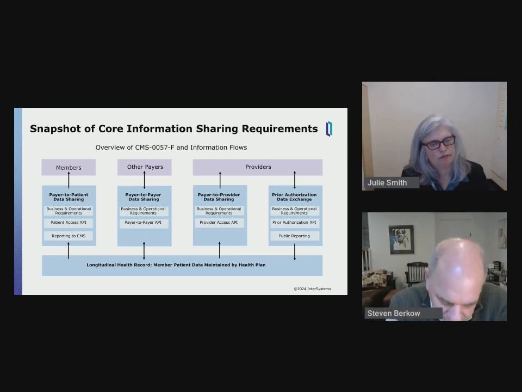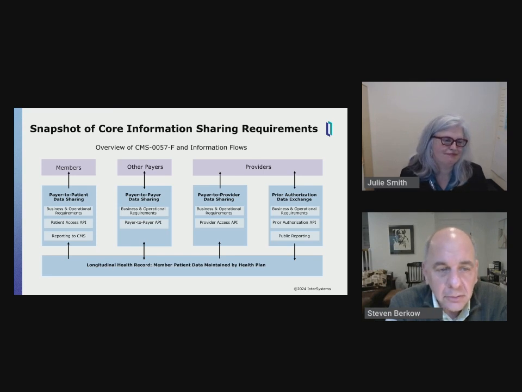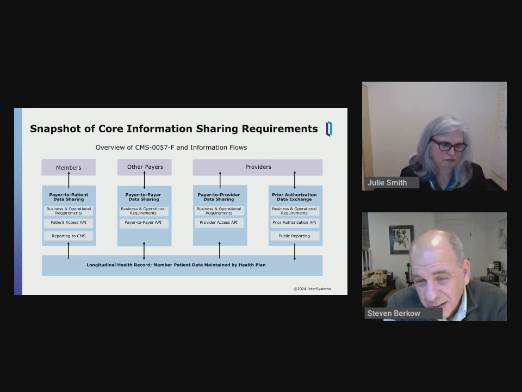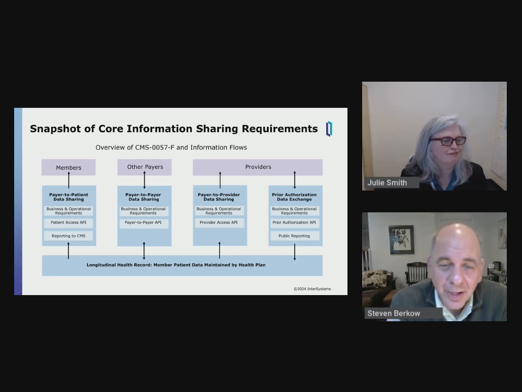The second thing is, the first 3 information-sharing APIs I had there are what is known as the access APIs, and that 4th one, prior authorization, really is different. I've tried to suggest this by calling the first 3 data sharing and the 4th data exchange.